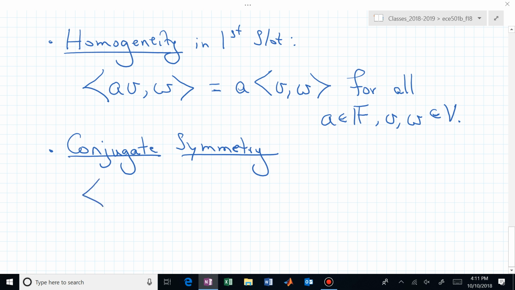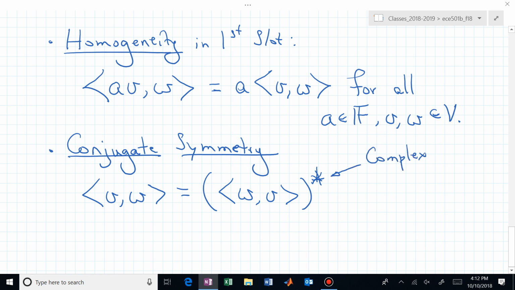So here we're saying that if we have the inner product of V with W, that's going to be equal to the complex conjugate, there's that star again, which I'm going to use for the conjugate, of the inner product of W and V. And this is true for all V and W in the vector space V.